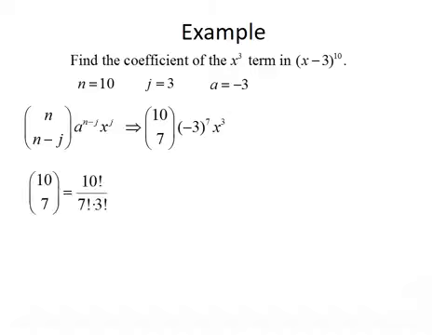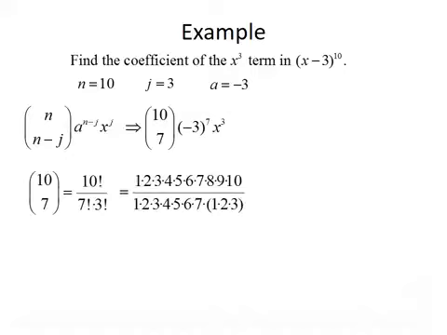So let's start by identifying our 10 choose 7. 10 is equal to n, 7 is equal to j. If we plug that into our n choose j formula, we get 10 factorial divided by 7 factorial times 3 factorial. If we expand, we get 1 times 2 times 3 times 4 times 5 times 6 times 7 times 8 times 9 times 10 in our numerator, and 1 times 2 times 3 times 4 times 5 times 6 times 7 times 1 times 2 times 3 in the denominator.